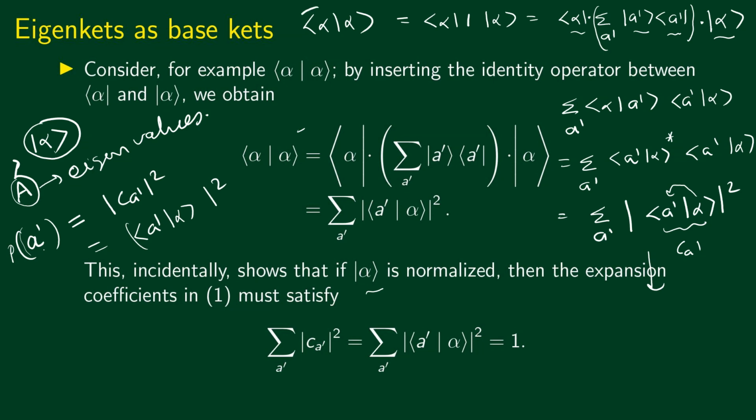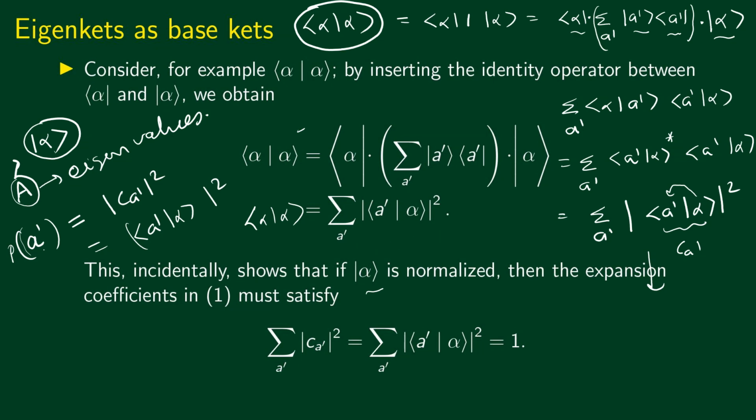If you have a bracket like this, or any legal product for that matter, you can insert an identity operator in between, and then this gives us some other kinds of expressions which are very useful. In this case, by inserting this, bracket alpha alpha can be written as a sum of the modulus squares of complex numbers.